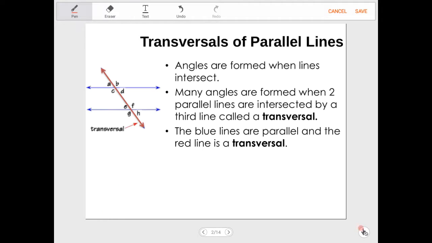So the whole point here is when you have these two parallel lines and a transversal, it creates, as you can see, 8 angles: A, B, C, D, E, F, G, H. If this was a real life example, sure, you could take out a protractor and measure everything, but that's not the most efficient way.